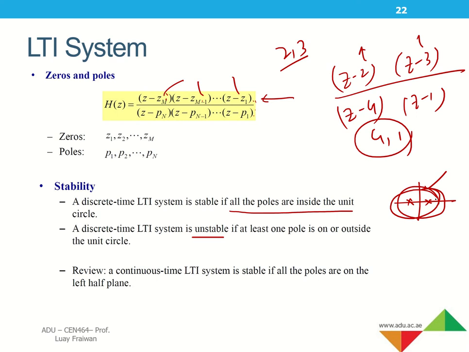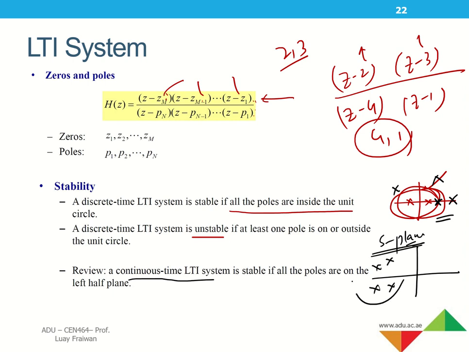This is equivalent to the continuous LTI system, where in the S plane we decided that if all poles are in the left half plane, the system is stable. So if all poles are inside the unit circle, our system will be stable. This is another way to quickly check the stability of the system.